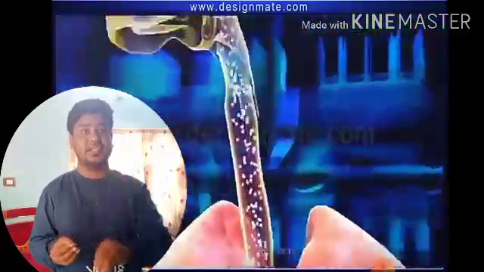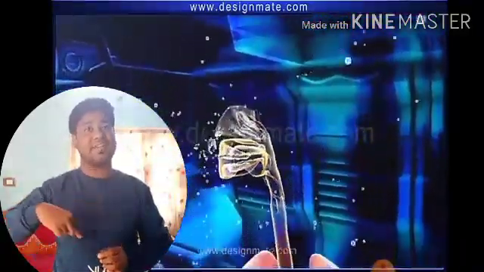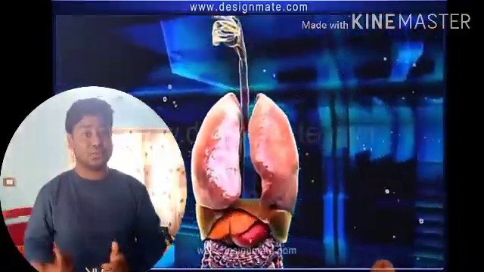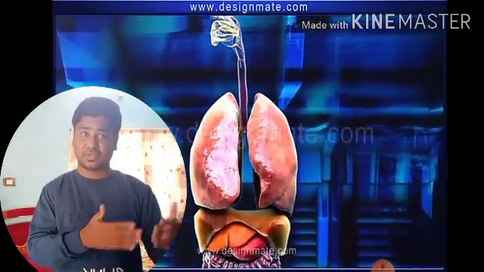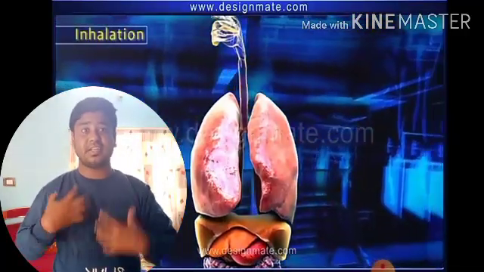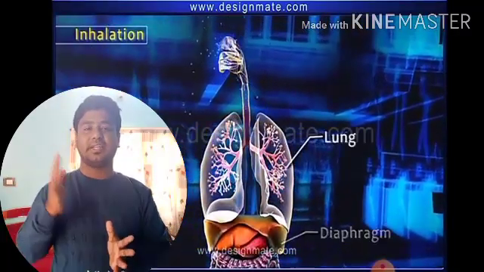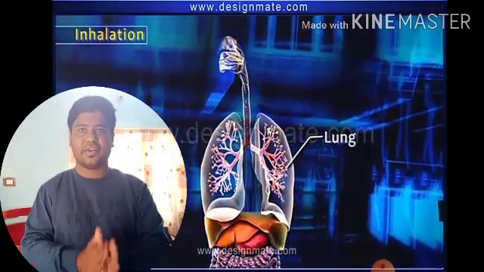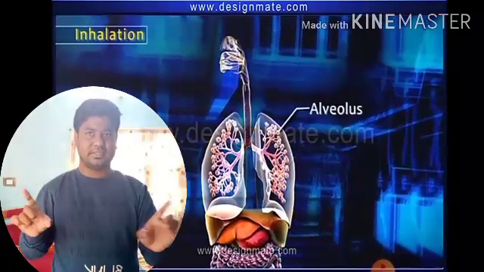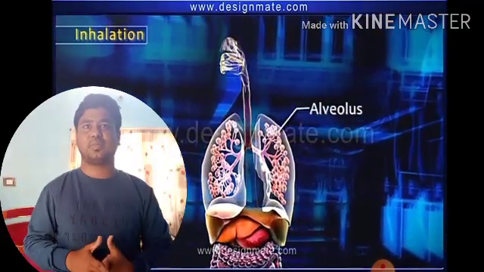Then how is the oxygen that has entered the capillaries taken to the body and used for the breakdown of glucose, which we already learned? How it is transported, we will learn in the transportation chapter. For now, that's the respiratory system.